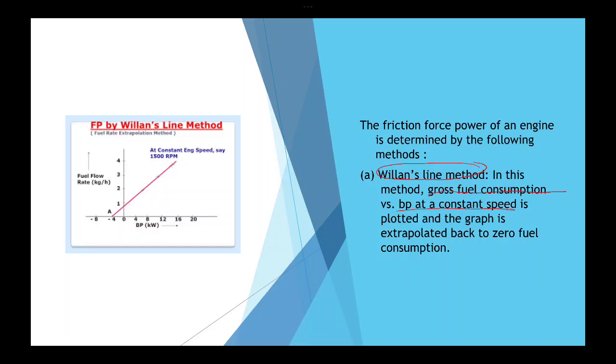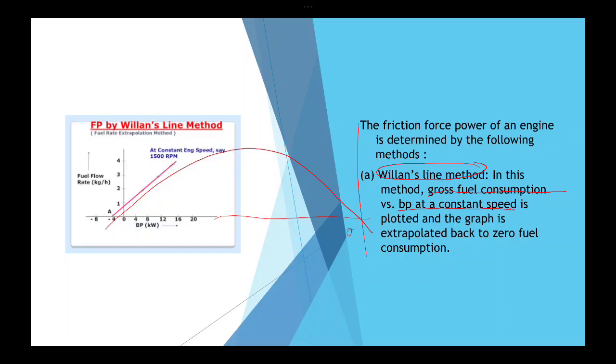You'll be plotting those, and you'll be asked to run your engine, as it moves until it goes again to zero. That's how the Willans line method works. It will be extrapolated back to zero fuel consumption.